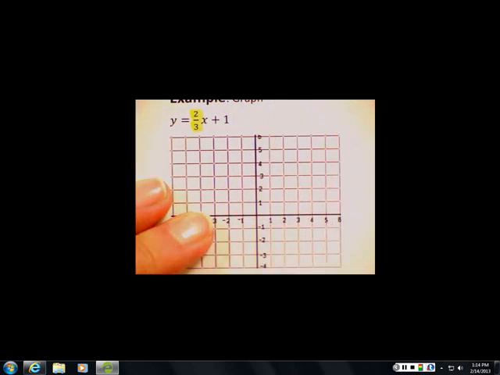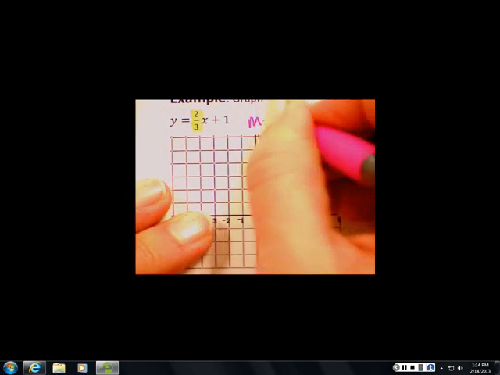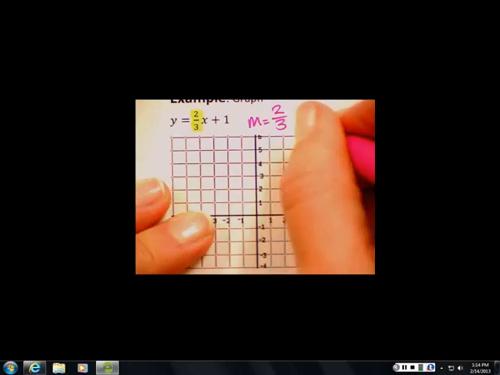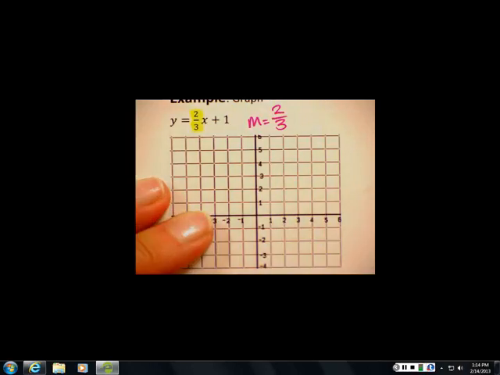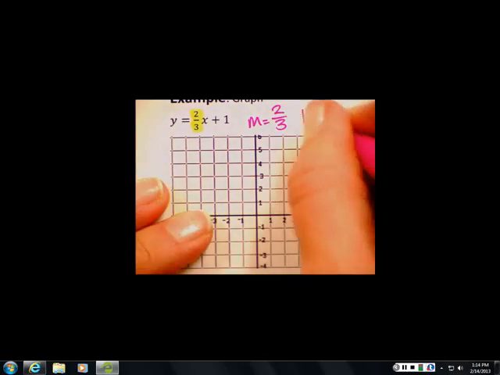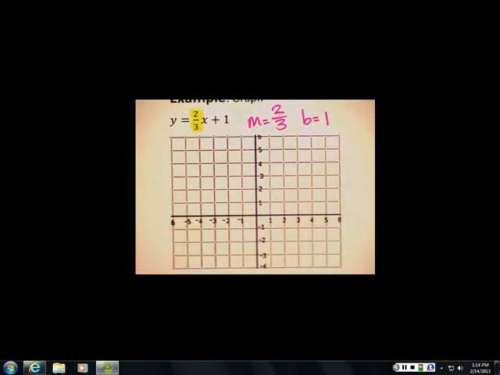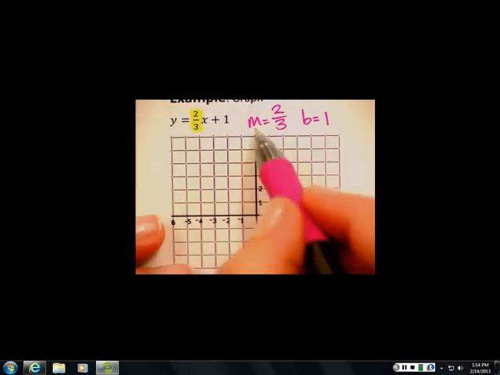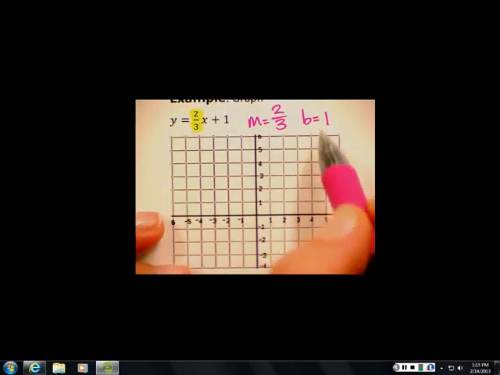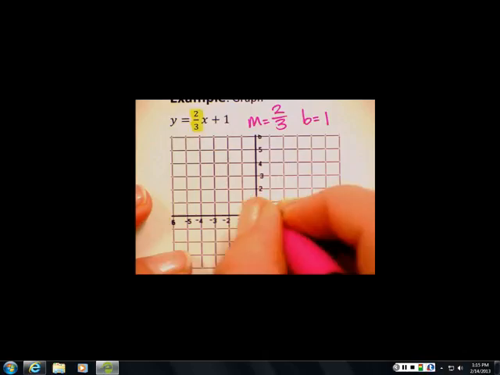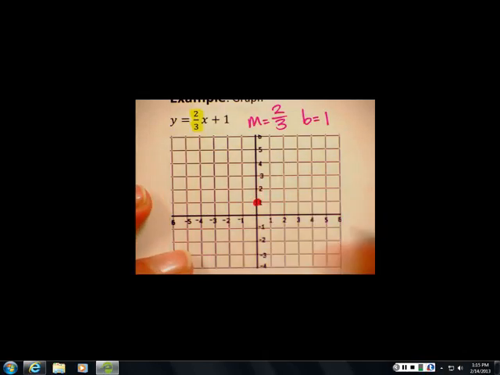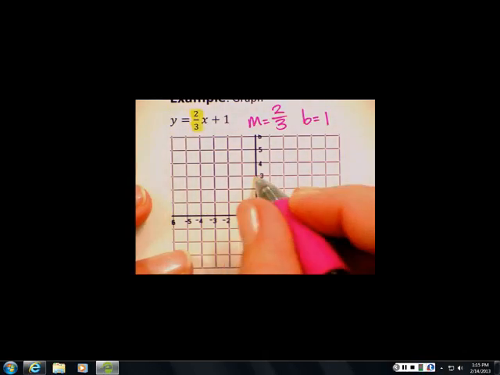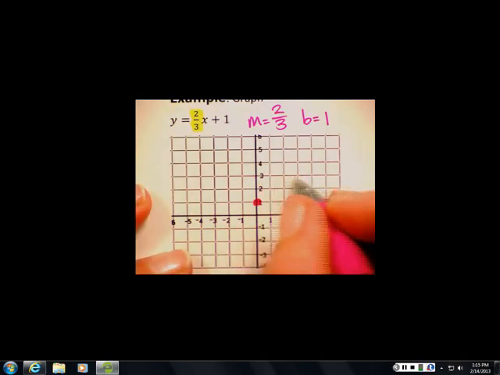So already I know that my slope is 2/3 and my y-intercept, which we're using the letter b to represent, is positive 1. So my slope is 2/3, my y-intercept is 1. It's going to cross my y-axis right there. From there, I'm going to go up 2 and to the right 3.